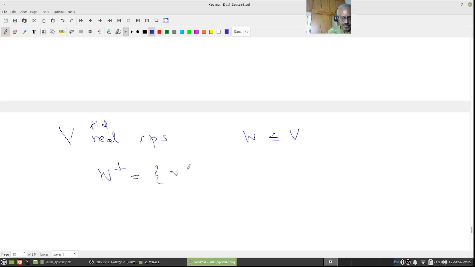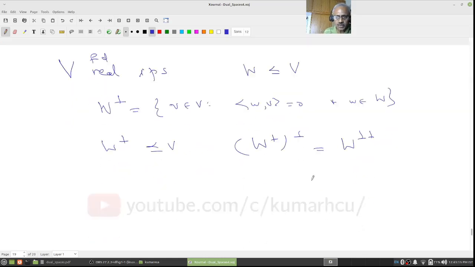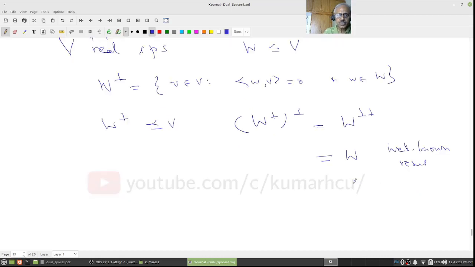It is the set of all v in V so that <w, v> is 0 for every w in W. Now W is a vector subspace of V, therefore I can talk about this orthogonal complement, which we call W perp, and this is well known. Right? So, do you understand this?